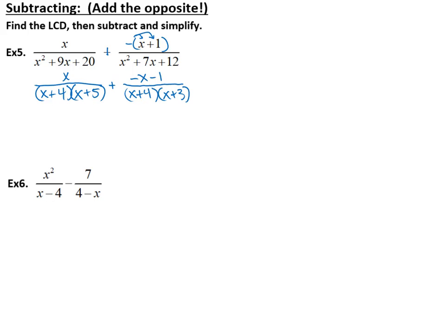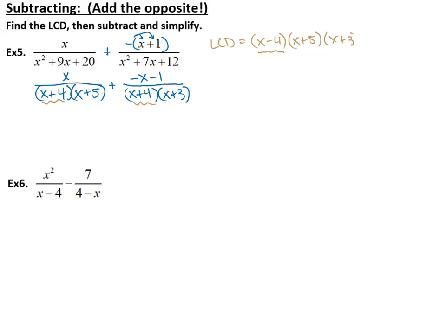So let's find our least common denominator looking at our two denominators. They share an x minus 4 already, so let's put that in there once. But that's all they share. So we need to also list x plus 5. Remember, again, we can't get rid of any of these. And an x plus 3.